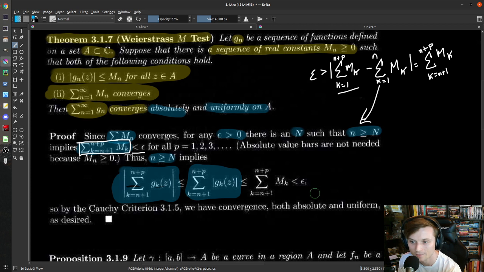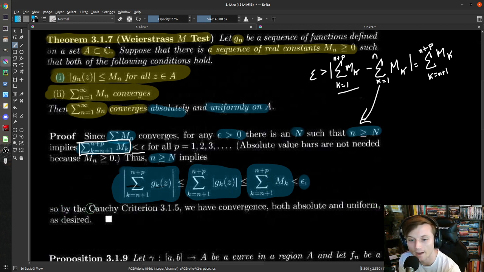That's fine. And that, by our assumption up here in 1, says these are less than the M_k. But we just said that we can make those as small as we want for some appropriate n.